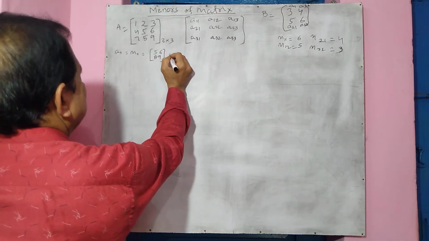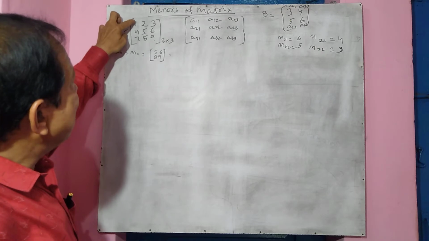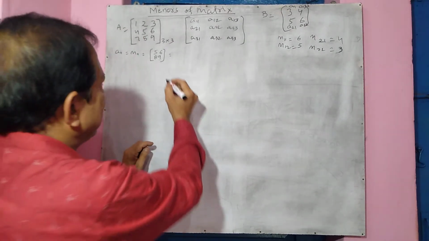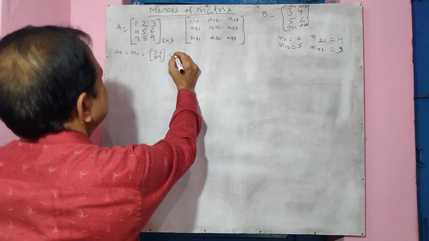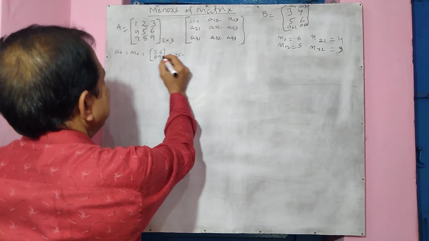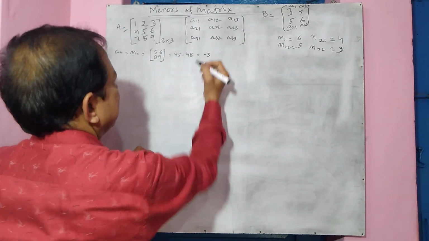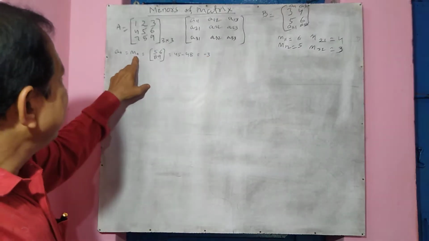We left this column and this row, so now find the determinant: 9 into 5, 45, minus 48, is equal to minus 3. So minus 3 is the minor of first row first column, M11.